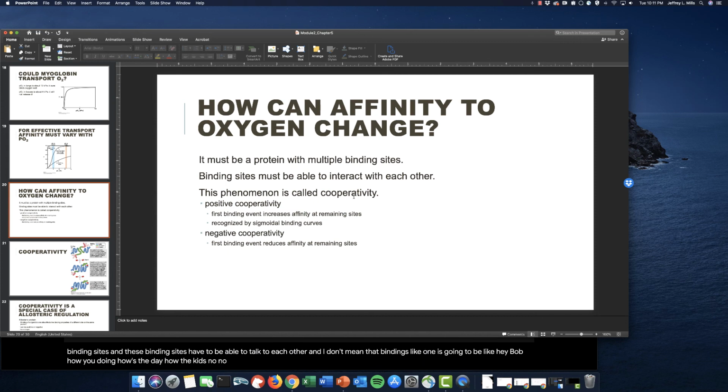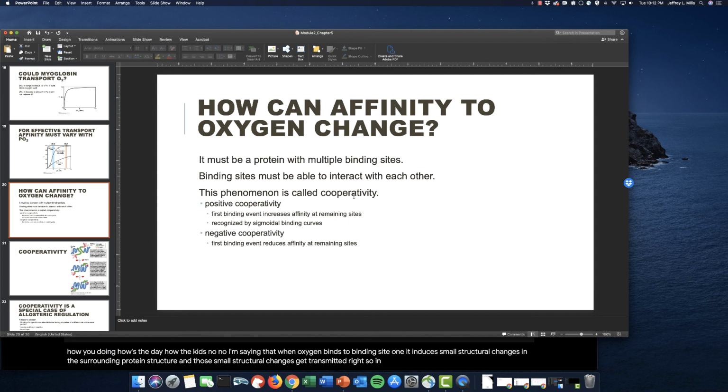No. I'm saying that when oxygen binds to binding site 1, it induces small structural changes in the surrounding protein structure, and those small structural changes get transmitted to the neighboring proteins, right?